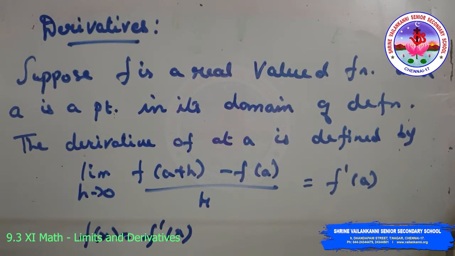Here a is a point in its domain of definition, so the derivative of the function is f dash of a. Observe that f dash of a quantifies the change in f of x at a with respect to x.